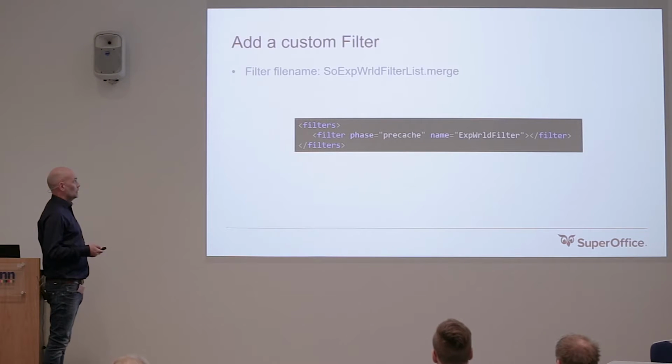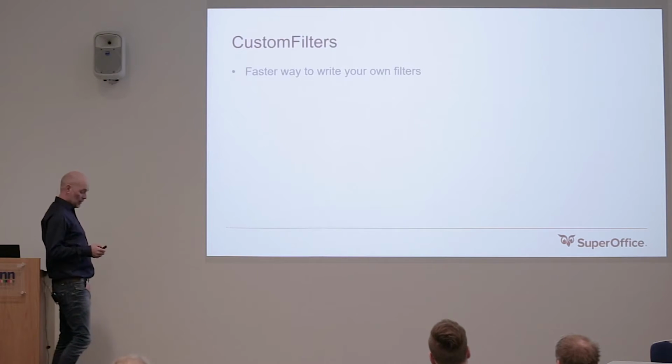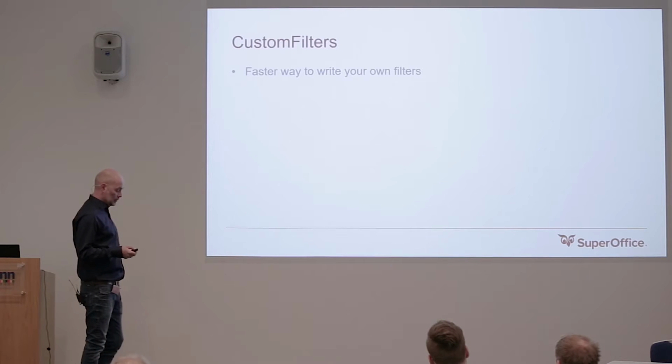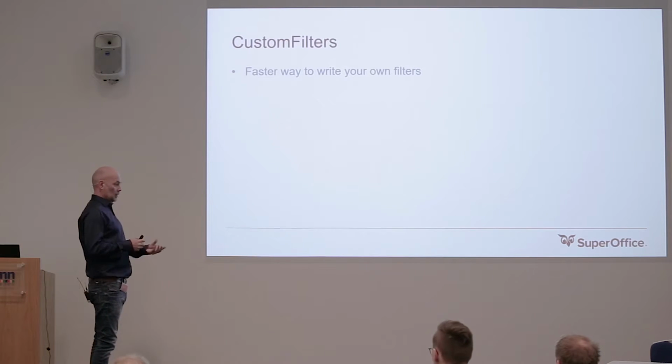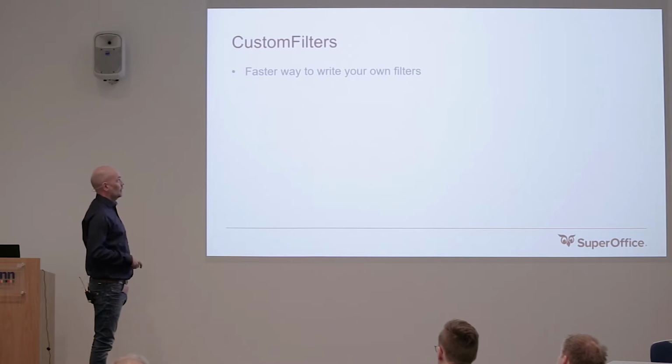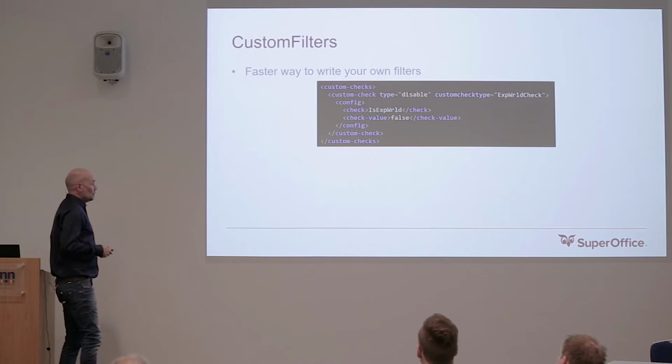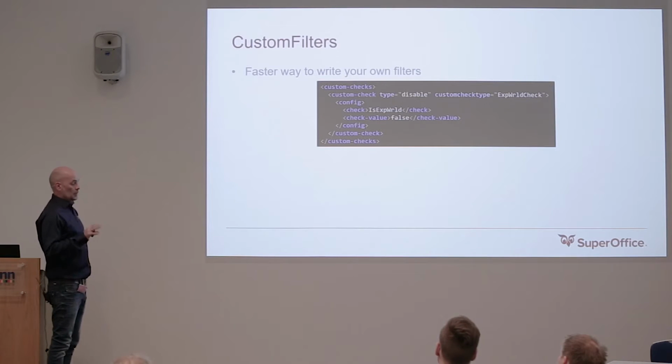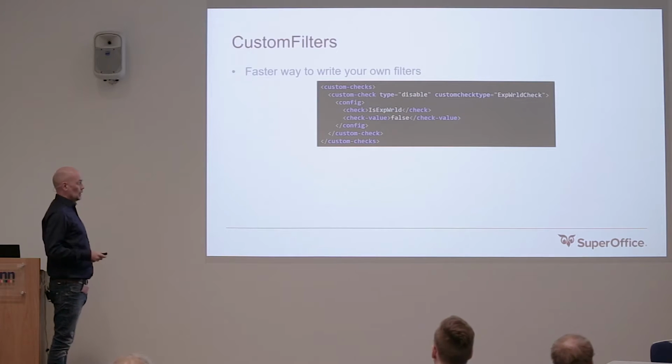We have this was making a filter from scratch. I'm not going to go into that, because the easier way, if you're making your own filters, and these are the filters that basically have the capability of hiding, showing, enabling, and disabling components. So every node in the XML page configuration allows so-called custom checks.